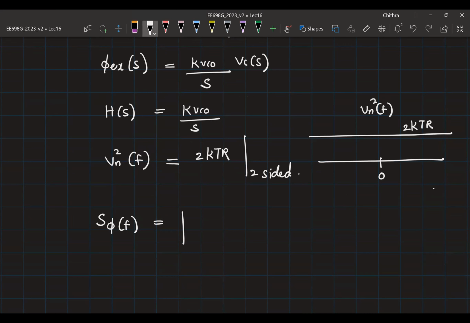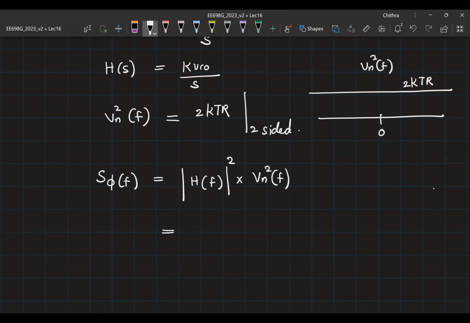Okay. So now what is S phi of f? This will be equal to the modulus of H of 2 pi f, H of f, the whole square, times Vn square of f. What is mod H of f the whole square? KVCO square by omega square.